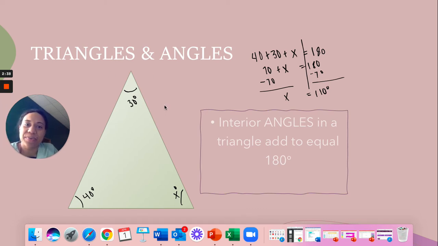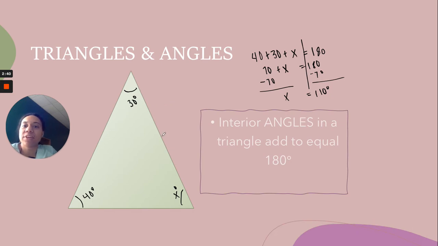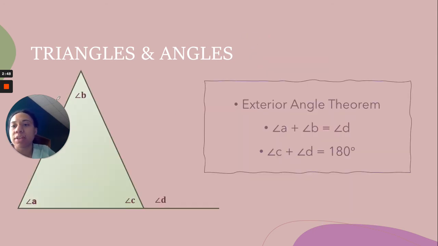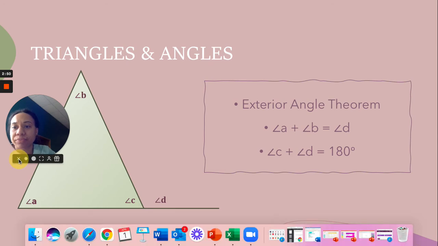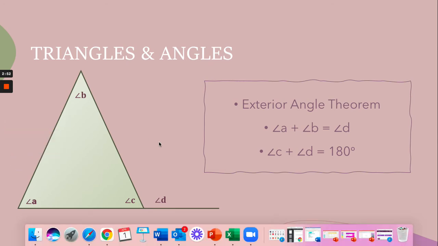Okay, so to figure out a missing angle, we would just add the two angles we know and then subtract it from 180. Okay, so there was another one with triangles, the exterior angle theorem. The exterior angle theorem states that the two angles that are non-adjacent, meaning not next to the outside angle, when you add them together, equal this outside angle.